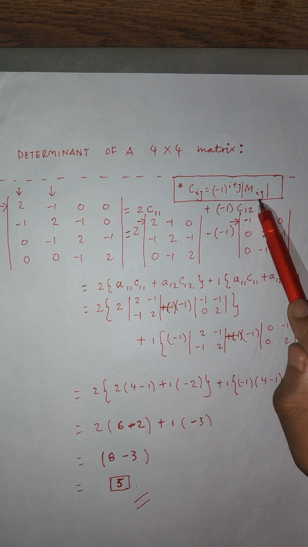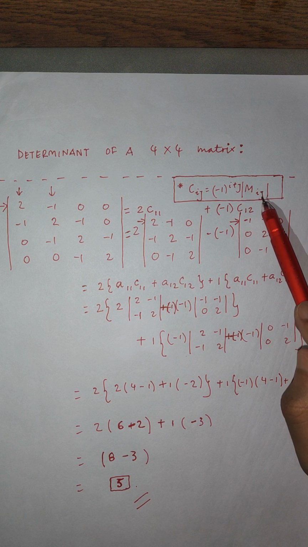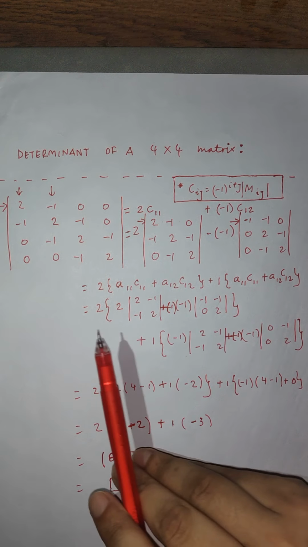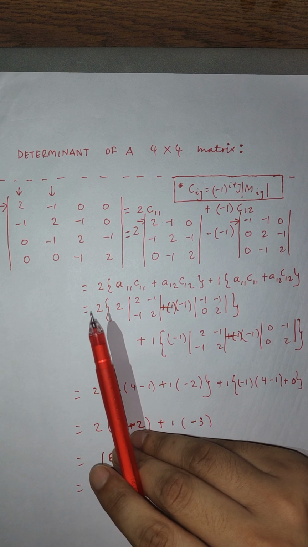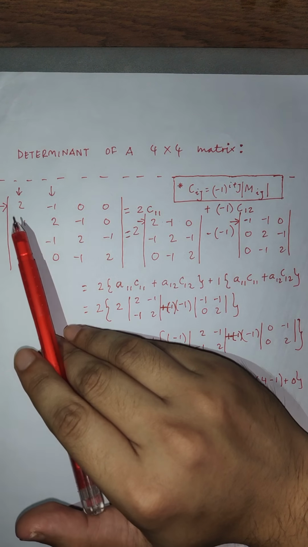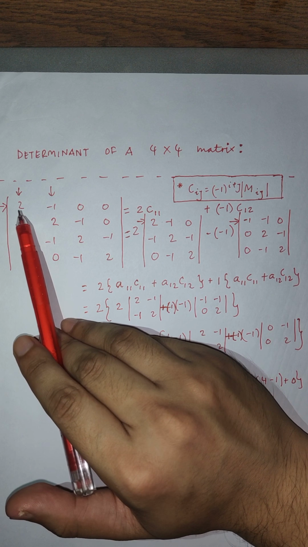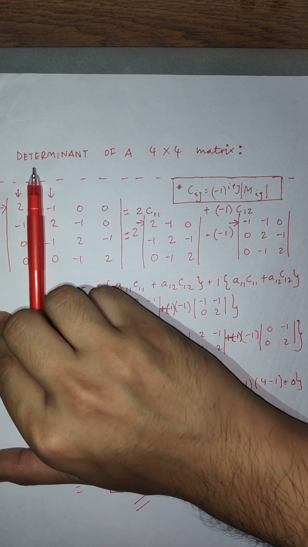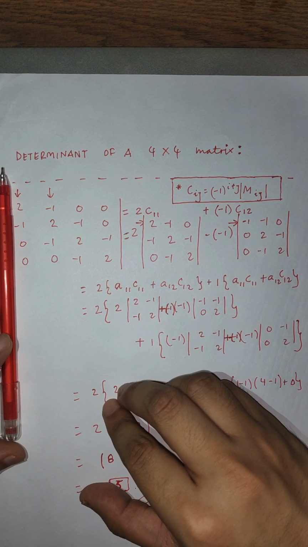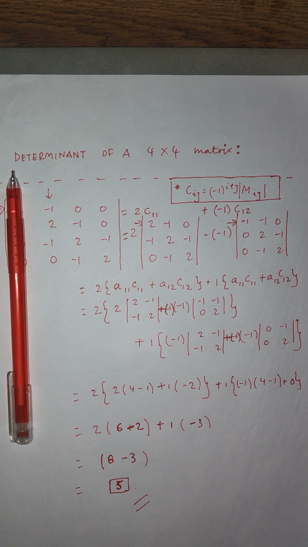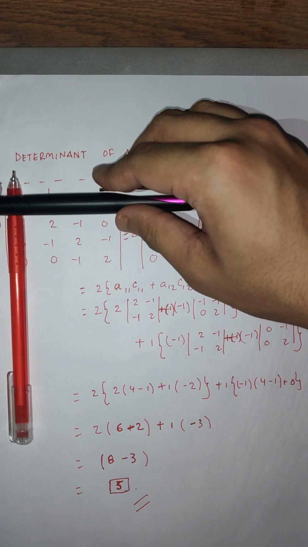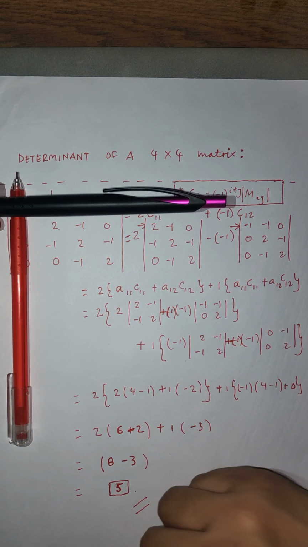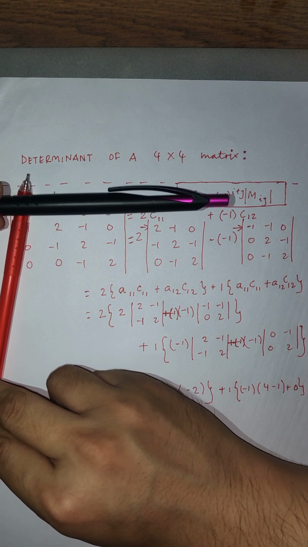M11 is the submatrix that would show up if we just hide what we have in the 1-1 position. So this is the 1-1 position. Let's hide this. And what exactly do you see then?